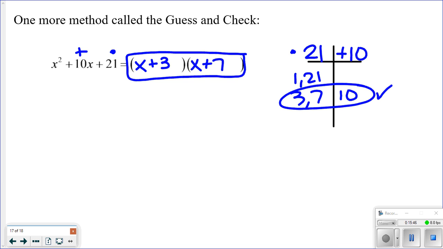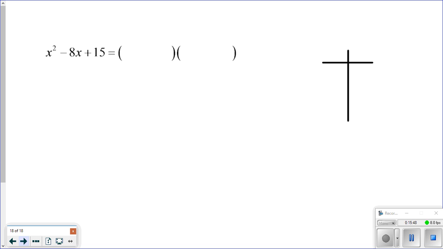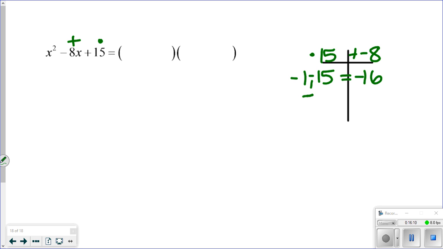Okay, let me do one more, and then we'll add it to our note sheet. Numbers that multiply to get 15 and add to get -8. So because my middle term, that b term, is negative, I know that both of these have to be negative, but that makes a -16, so that doesn't work. 5 and 3 works.